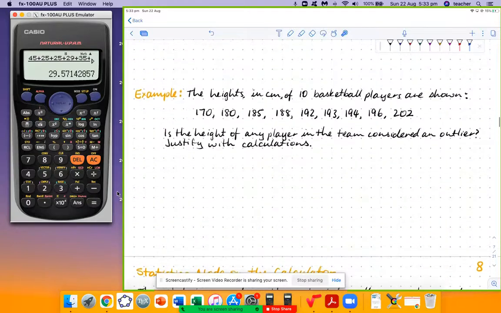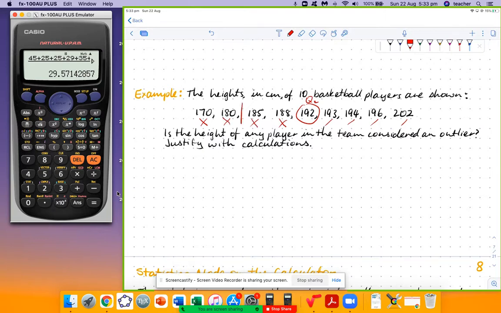So luckily, I've actually given you these numbers in order already. So it means that when we do our median calculation and quartiles, it's a much easier job. So we can see 192 is going to be Q2. Now, if the score is taken as your median, then you ignore it when you're doing your quartiles. So we're going to ignore the Q2 and we're going to cross them off this way.